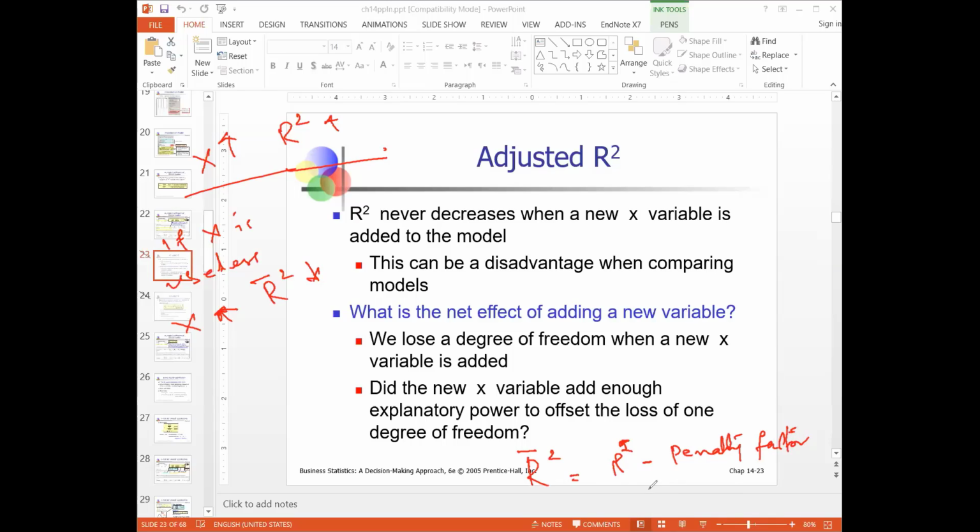If your variable is very useless, it will reduce R square. So when you are adding a variable, if adding a new variable is reducing adjusted R, it means you should not add that variable. It will give you a trade-off, so let me give an empty screen and then we discuss here.